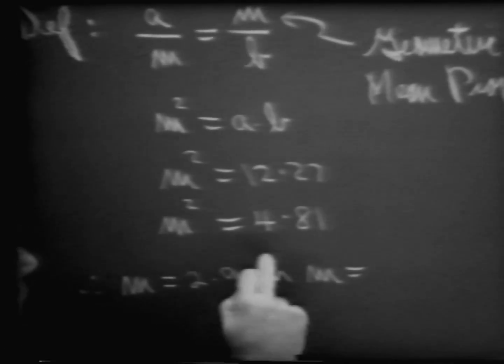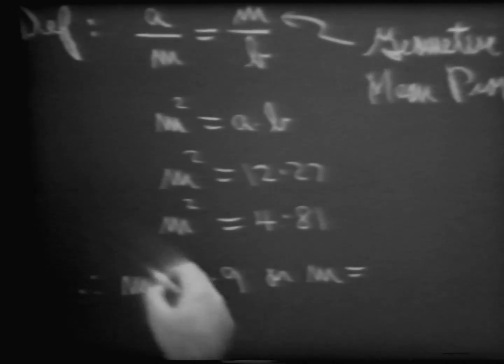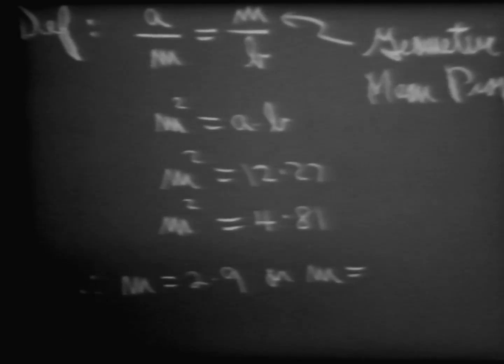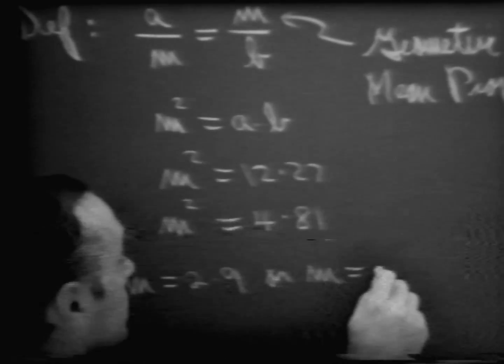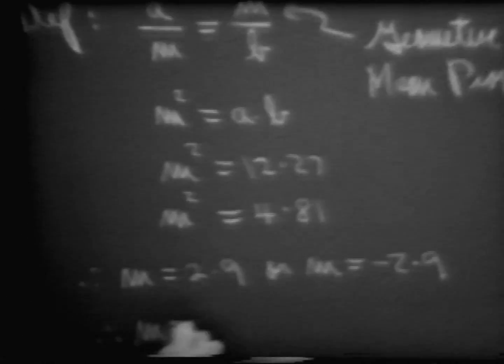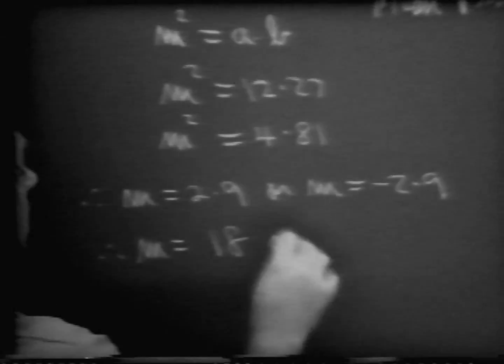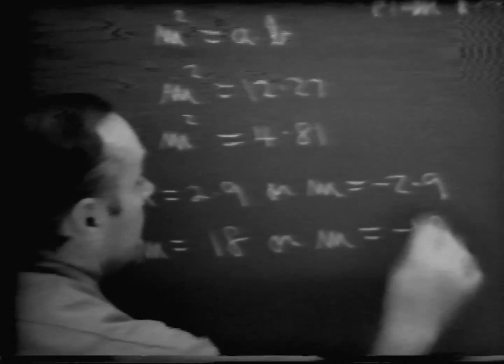18 in this case, but then remember now here we have m squared is equal to 4 times 81, and our theorem tells us there's another number which will satisfy that. So let me just write that as what? Negative 2 times 9. Is that right? M then is equal to 18, or M then is equal to negative 18.